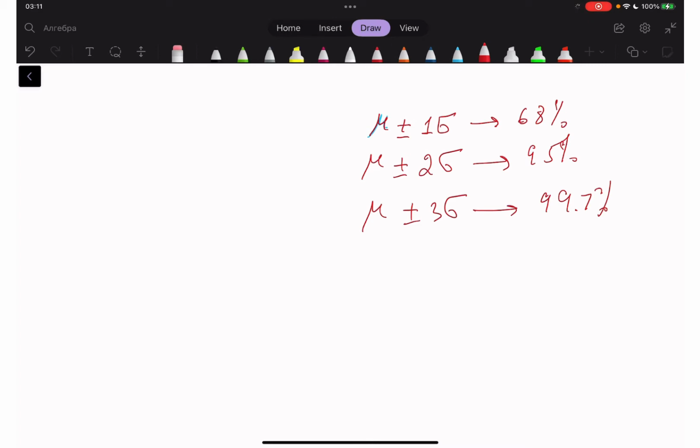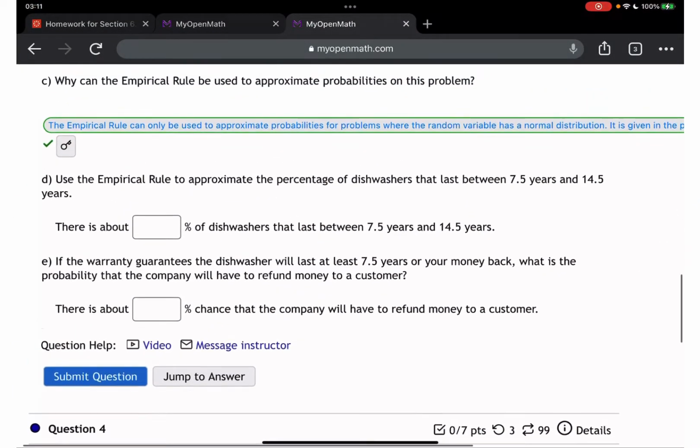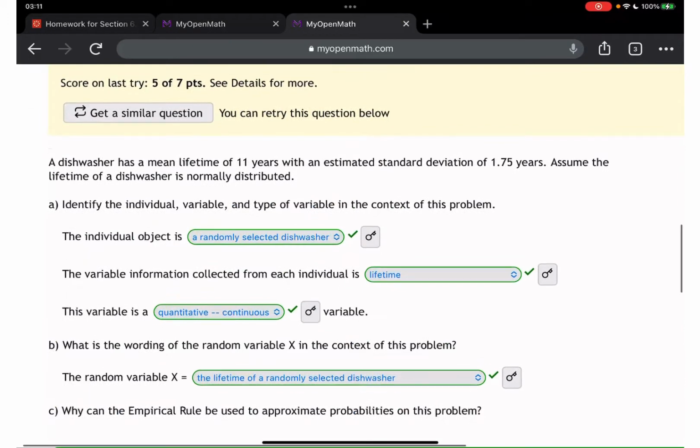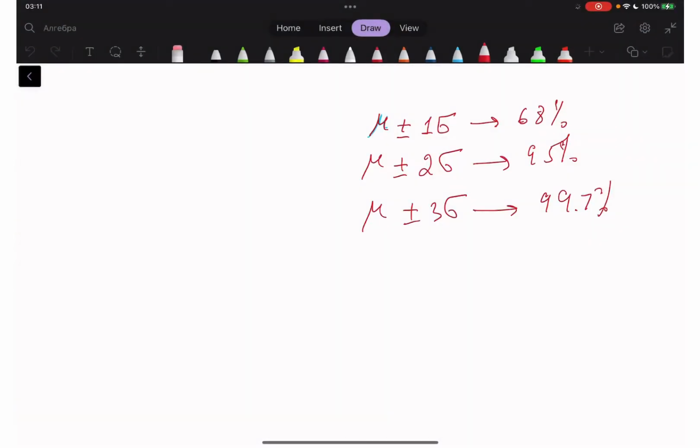Okay? So, let's see what we have. At the beginning of the question, we have a dishwasher with a mean of 11 years, and standard deviation 1.75.